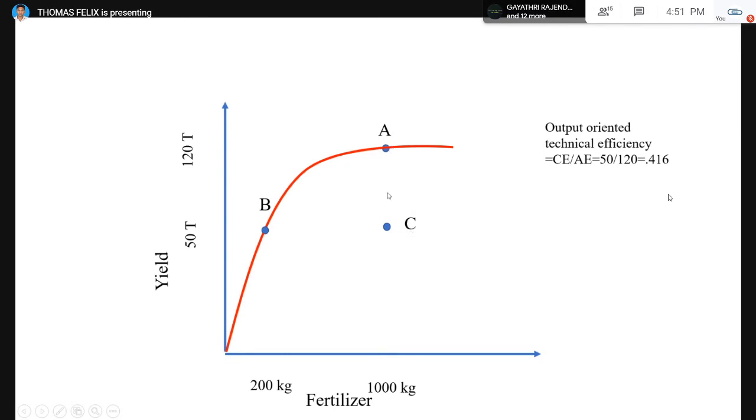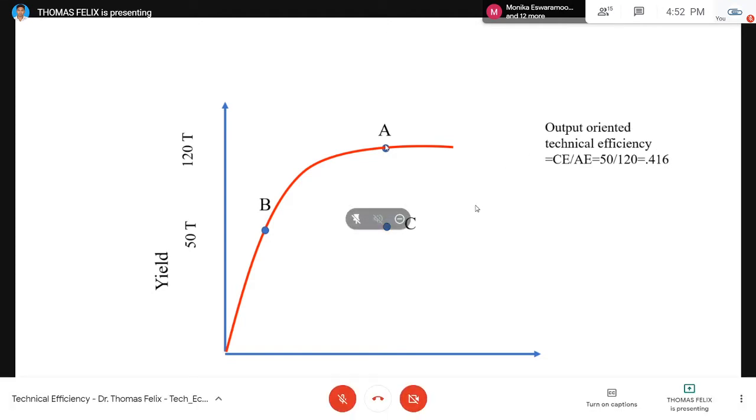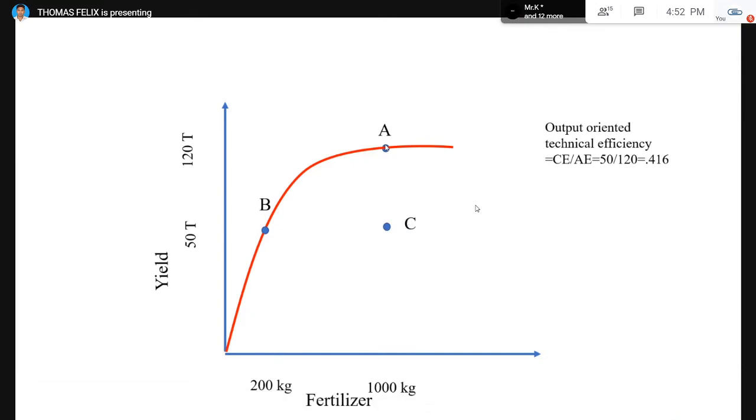That is our intention in using the output oriented approach. I also want to know whether technical efficiency is an absolute measure or a relative measure.